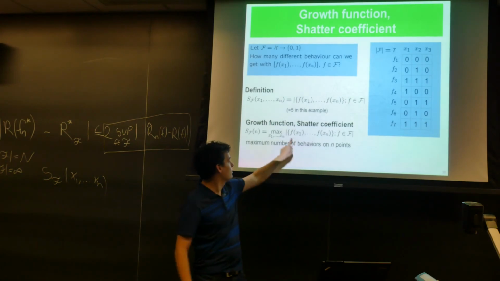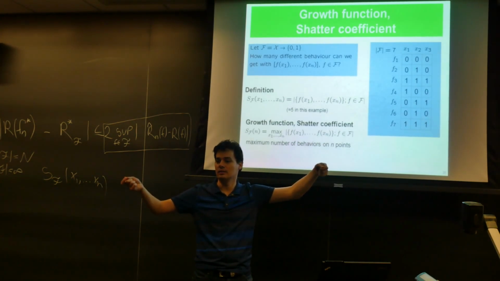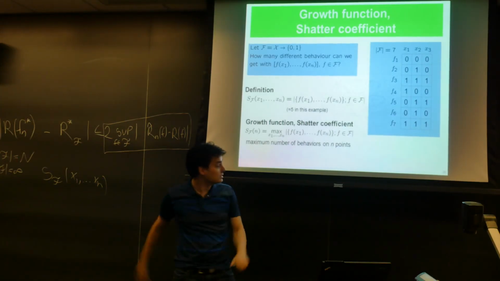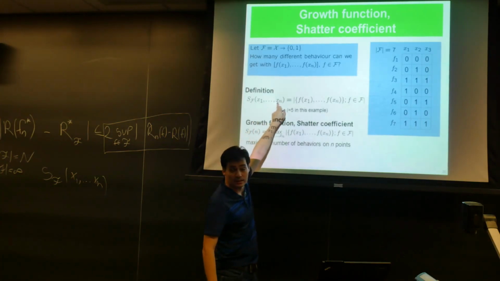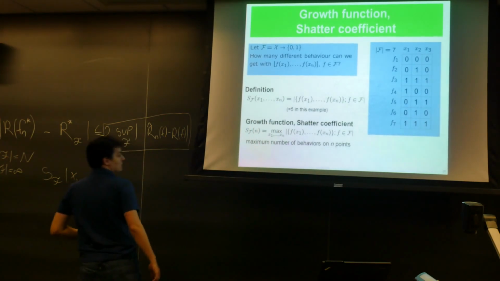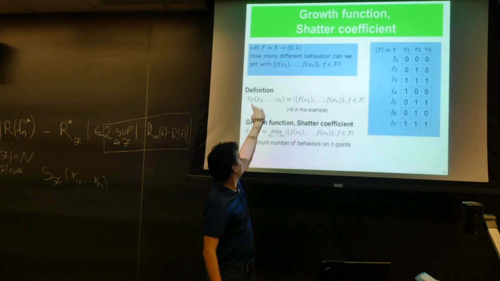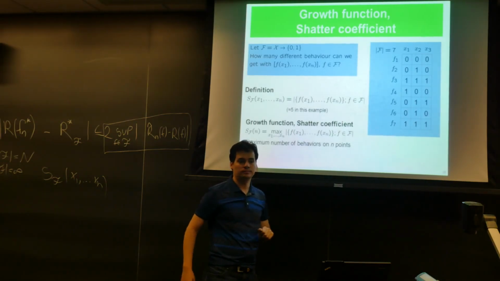For each of them, you apply the function f, and you count how many different n-dimensional vectors you can get in your function class F. And that was S of F, x1 to xn. And the shattering coefficient, the n-th shattering coefficient S of F, n, was defined as the maximum of this S of F, x1 to xn over all x1, x2, to xn.